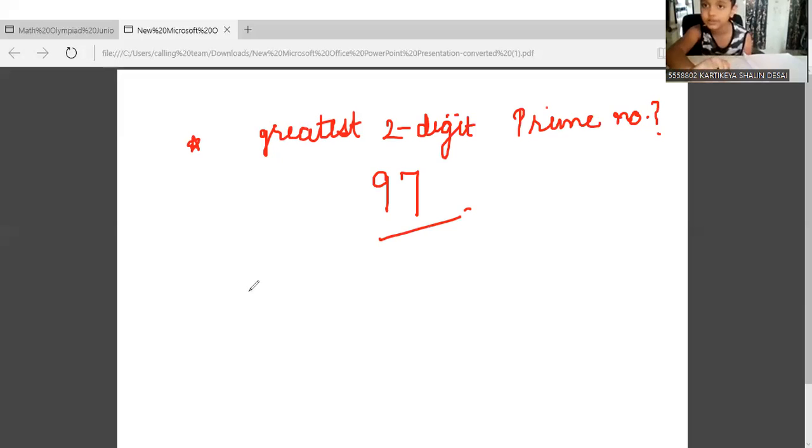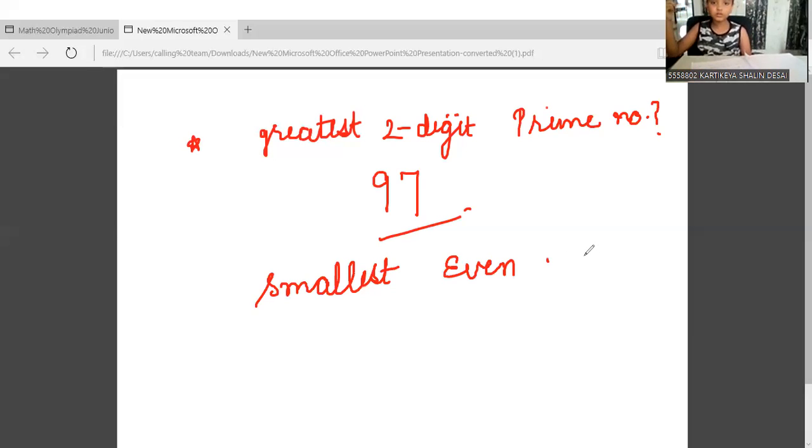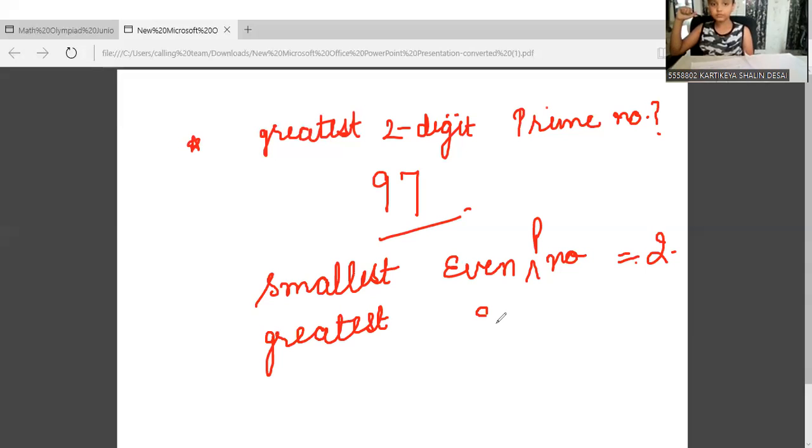Okay. So if I ask you the smallest even prime number, Amika? It's 2. Smallest even prime number, it is 2. Now this is for you, Kartik. Greatest even prime number? 2. So can you say that 2 is the only even prime? Yes.